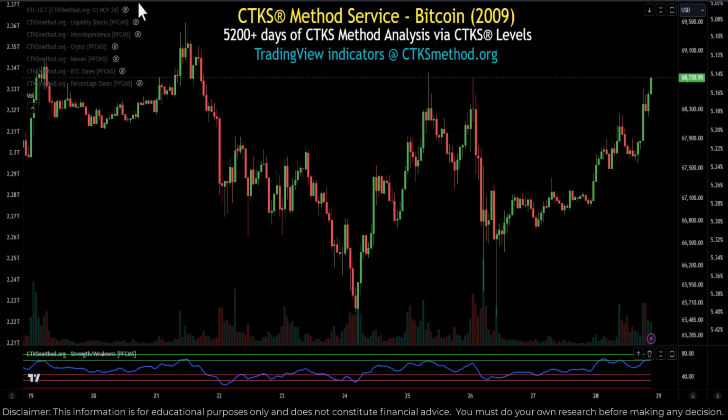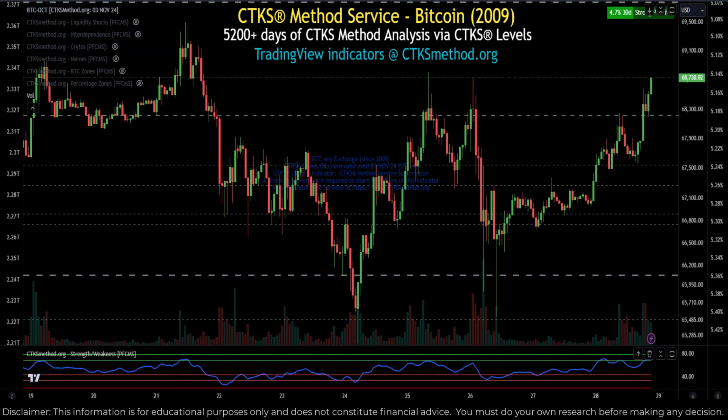Without a level of structure informing our particular investments and trades, it's very difficult to know what to do. And you can see that just below 68,300 was a level of once structural resistance that got rejected earlier today.